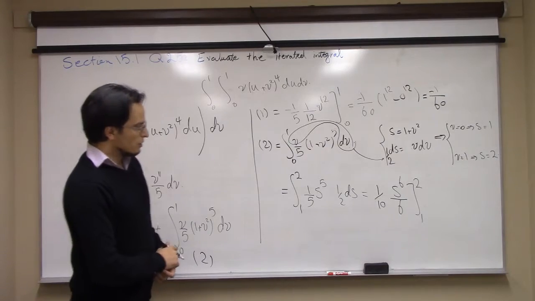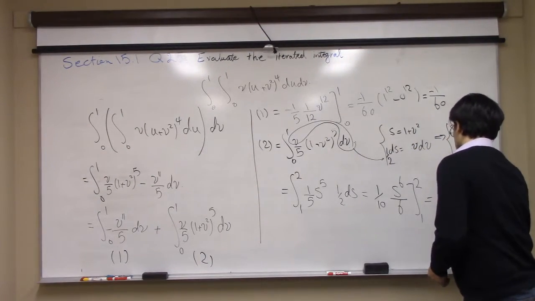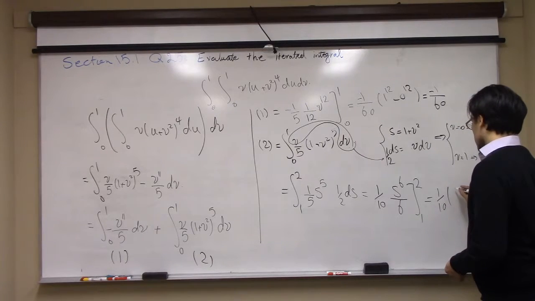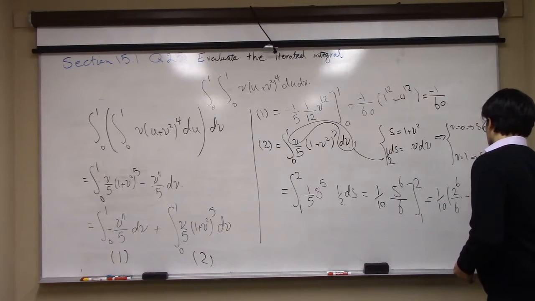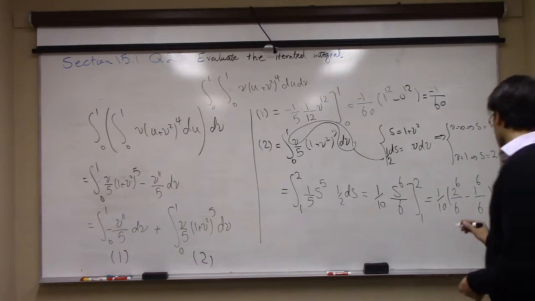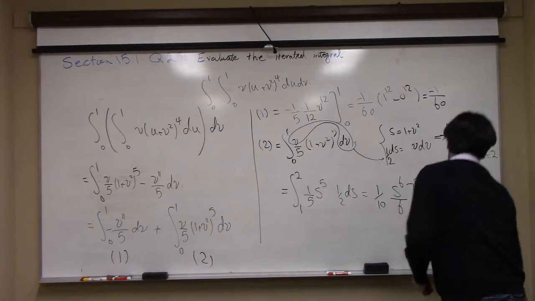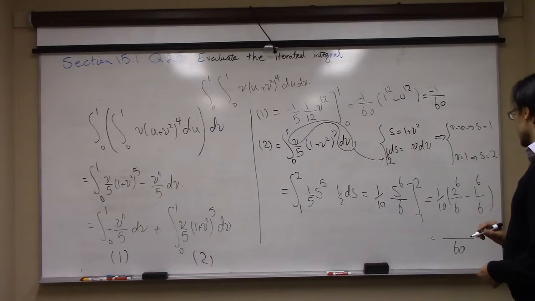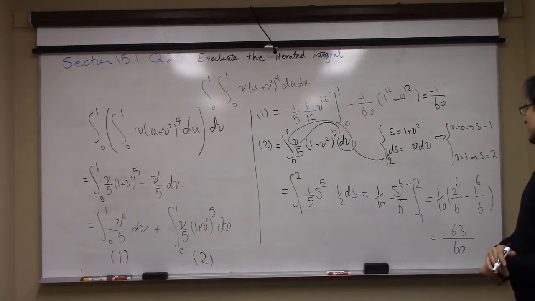So that is going to be 1 over 10 times (2 to the power 6 over 6 minus 1 to the power 6 over 6). And together, I'm going to get 2 to the power 6 is 64, minus 1 is 63.